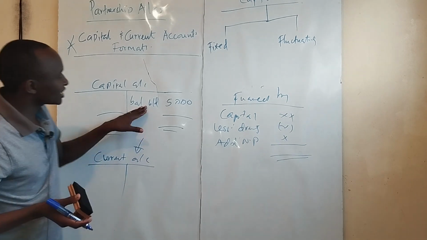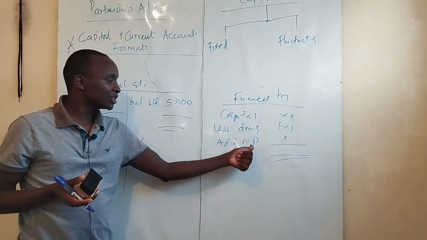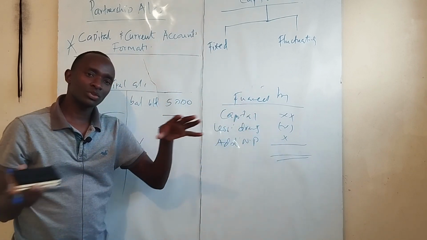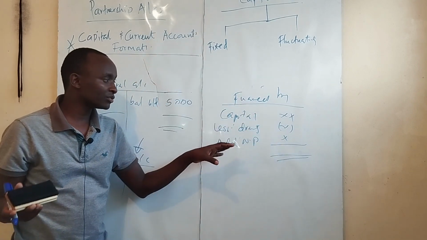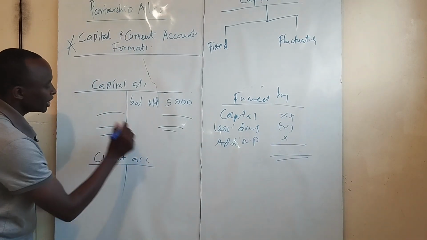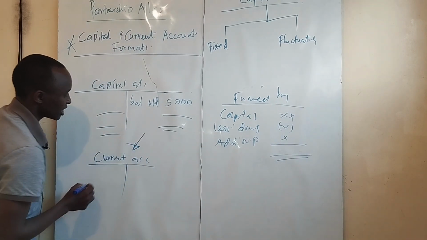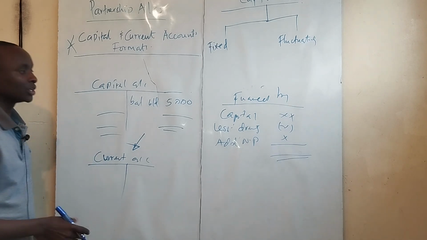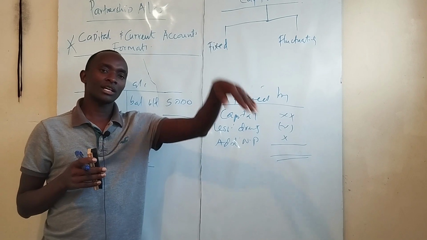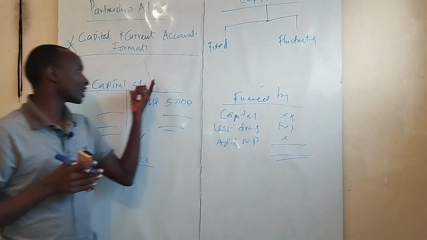So to cater for those other changes like drawings, net profit, share of profit, interest on drawings, interest on capital and so forth, there will be need of opening an extra account known as the current account, to cater for those fluctuating changes that are affecting the capital account.